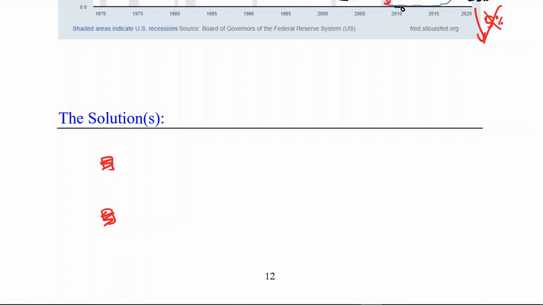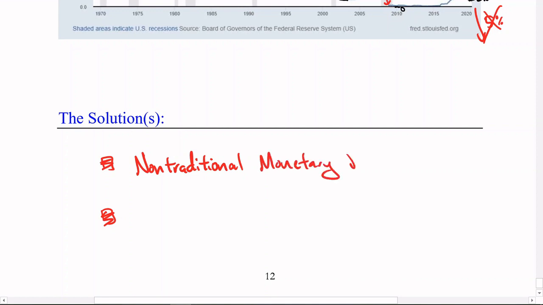Well, we have the possibility of non-traditional monetary policy, or, well, actually, not or, and fiscal policy.